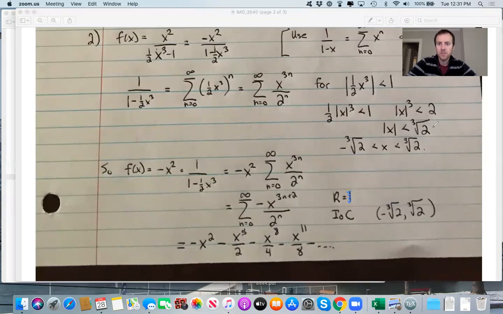When you take a series and multiply by some power of x, the radius and interval stay the same.